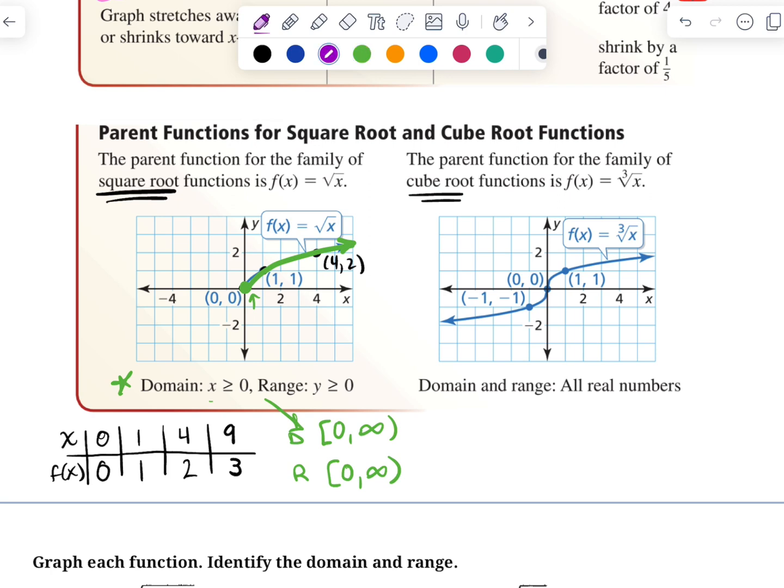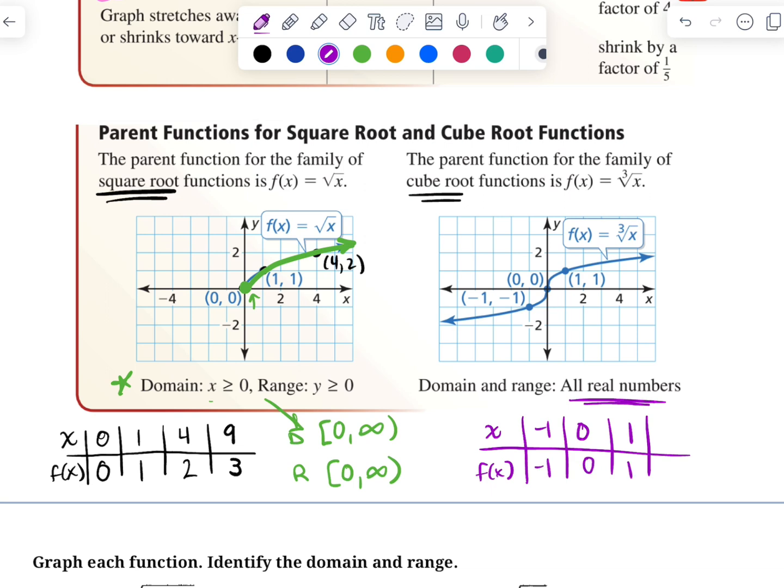Now taking a look at the cube root, keep in mind that with the cube root, you can have positive and negative numbers in there because nothing is going to be imaginary. So when we go to make our table, we can have some positive and negative values. I'm not going to do this in perfect order. I'm going to start with -1, 0, and 1 because those are values we can easily take the cube root of.